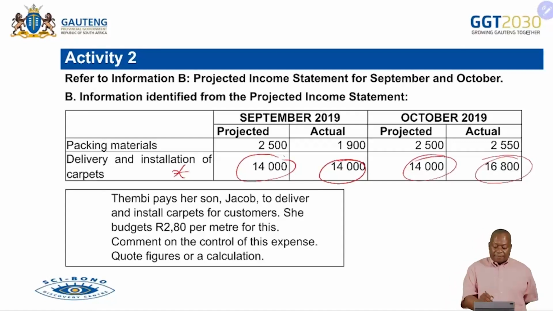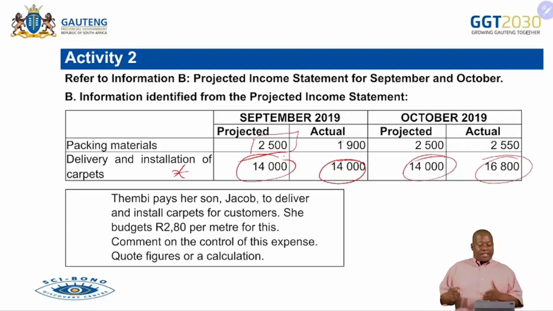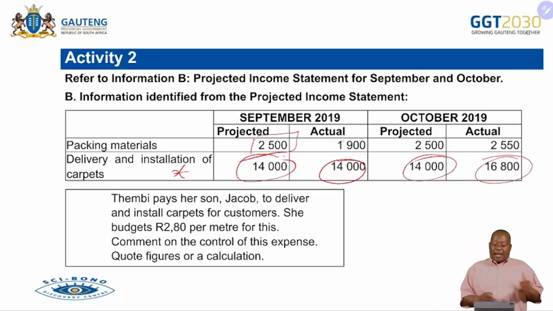Because if you check, 2,500, that's the packing materials that we were expecting to use, right? And it's 280. But we used less, so it means we never did what we were expected to do. We never installed as many carpets as we were expected to. So we shouldn't pay 14,000 when we are not doing the job that gets us 14,000.